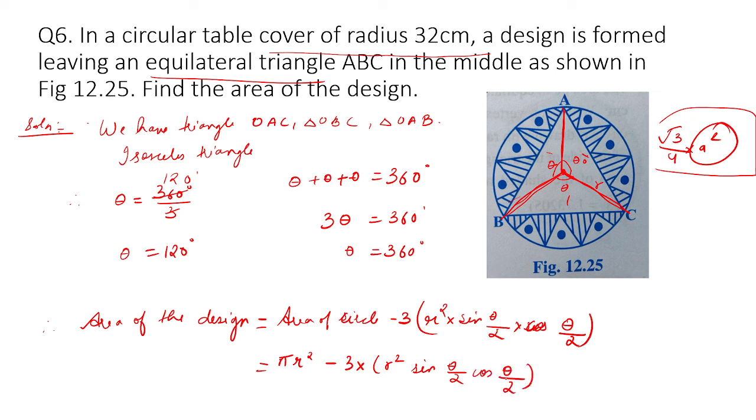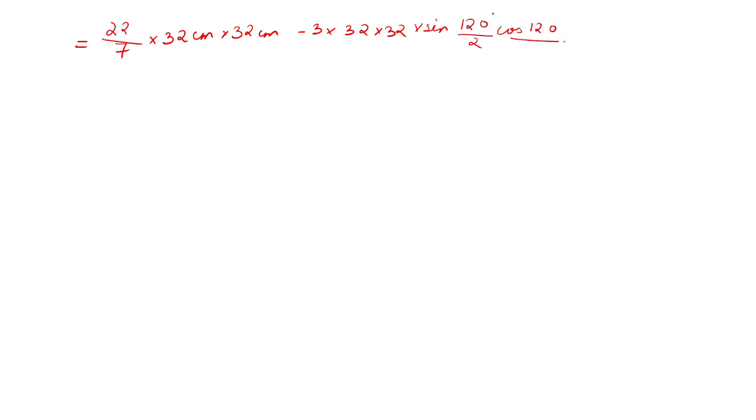Now for the values, until and unless it's mentioned, please continue to use 22 by 7 for pi, and the radius is given as 32 centimeters. So 22 by 7 into 32 into 32 minus 3 into the radius, which is still 32, into 32, sine of theta by 2, with theta given as 120 degrees, so sine 60 degrees cos 60 degrees.